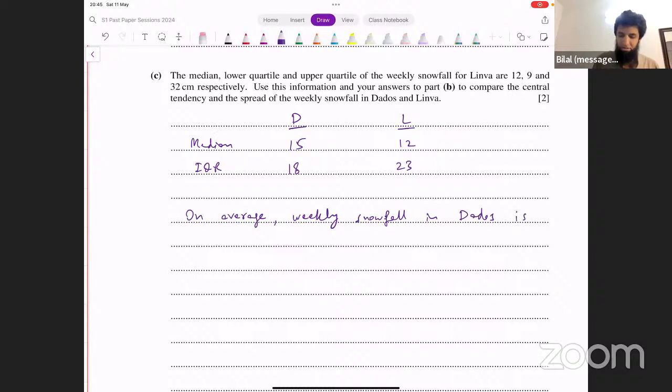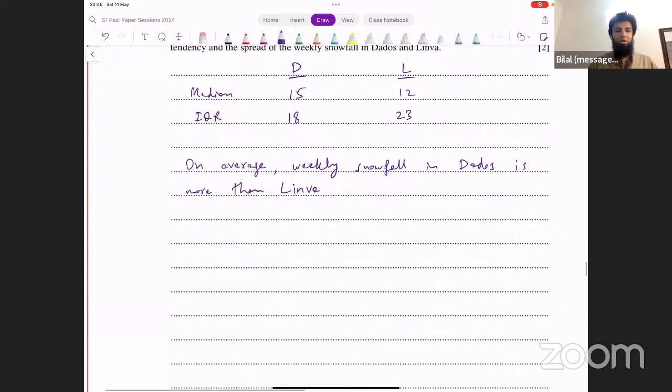is more at this result than the other result. And then similarly, you make a comment on the dispersion or spread using the interquartile range.